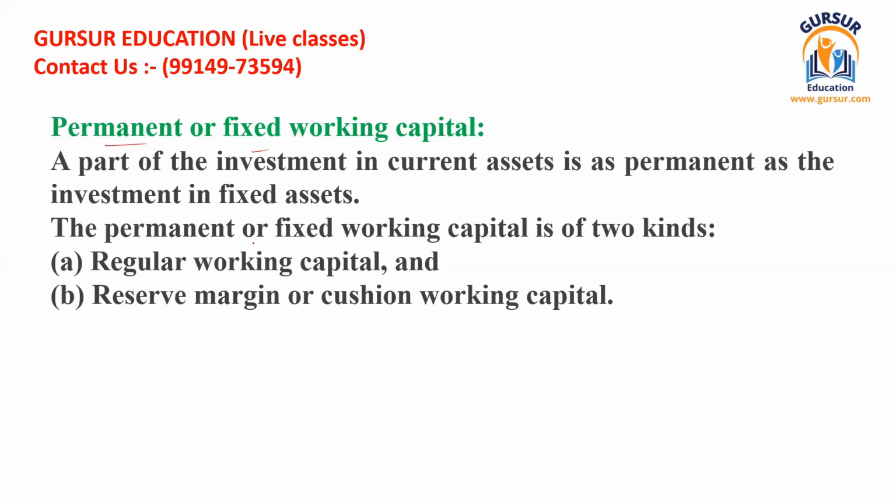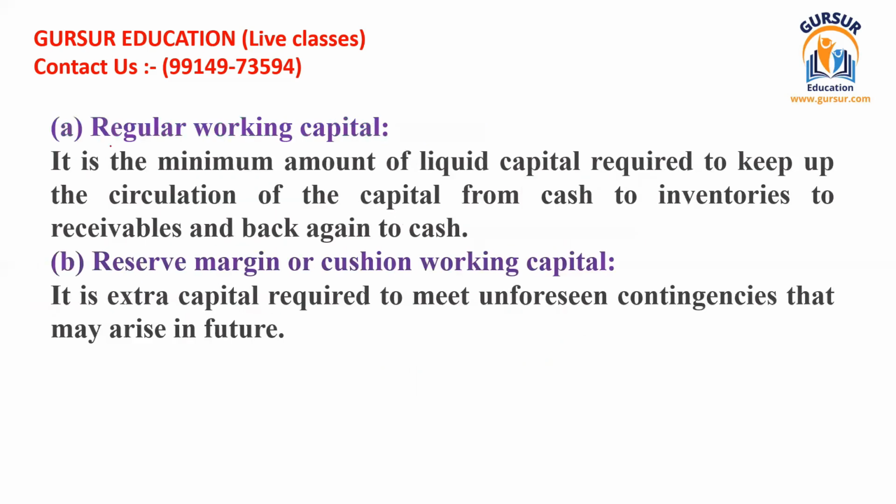So what do we mean by that? The permanent or fixed working capital is basically of two kinds. This is the capital which is always available at the disposal of the company. The first is regular working capital and the second is reserve margin or cushion working capital.